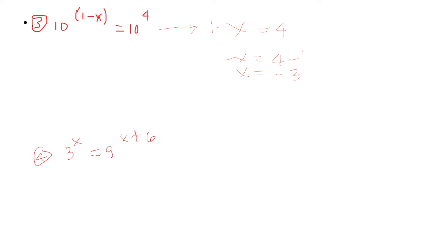On this one, we have 3 to the power x equals 3 to the power x plus 6, or x equals 2x plus 12, or minus x equals 12, x equals minus 12.